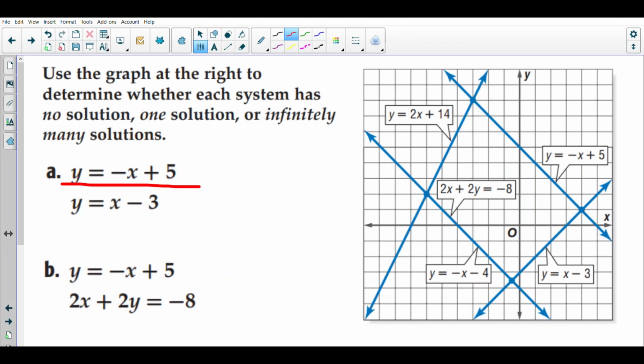Right here I see negative x plus 5. The next one I'll highlight in green, y equals x minus 3. I'm looking for x minus 3 and I find it right here. It looks like they intersect right there at that one point. So this would tell us there is one solution.